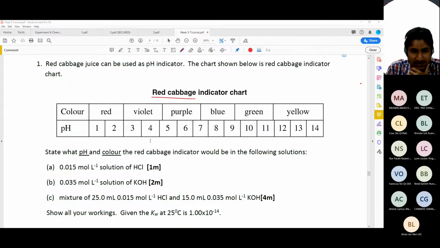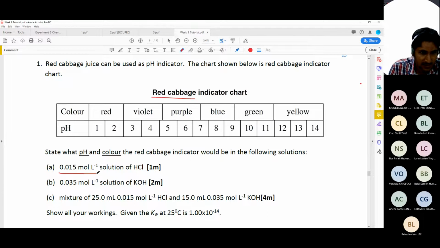If we add 0.015 mole of HCl into that solution, first of all, we need to know what the pH is for that 0.015 mole per liter solution of HCl, so that we will know what the color will be in that pH range.